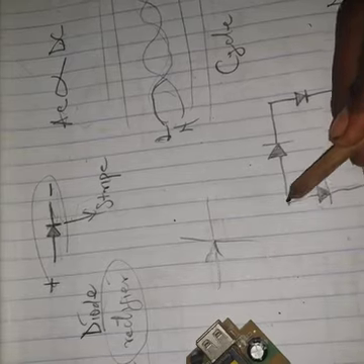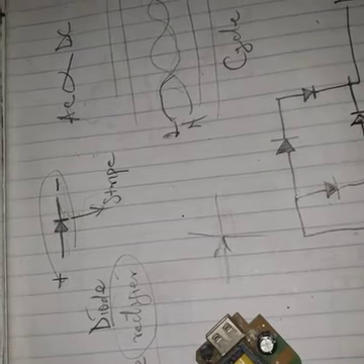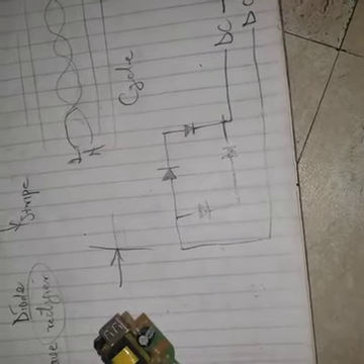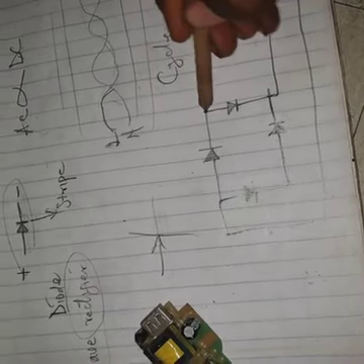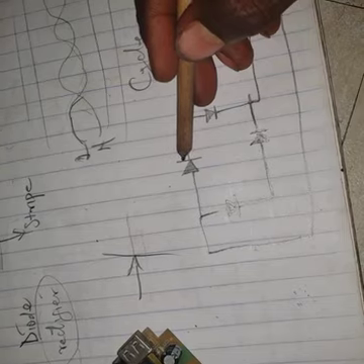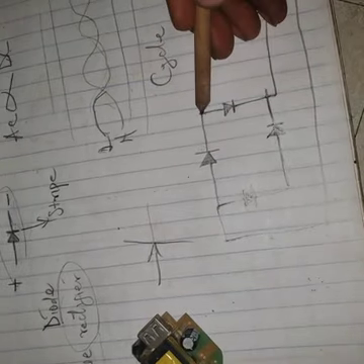So you will take this one now, and this will become the DC positive. You are only left with 2 terminals. And when you look at it, if a current should come through here, if it goes here, it will be blocked. If it comes down here, it will pass through.